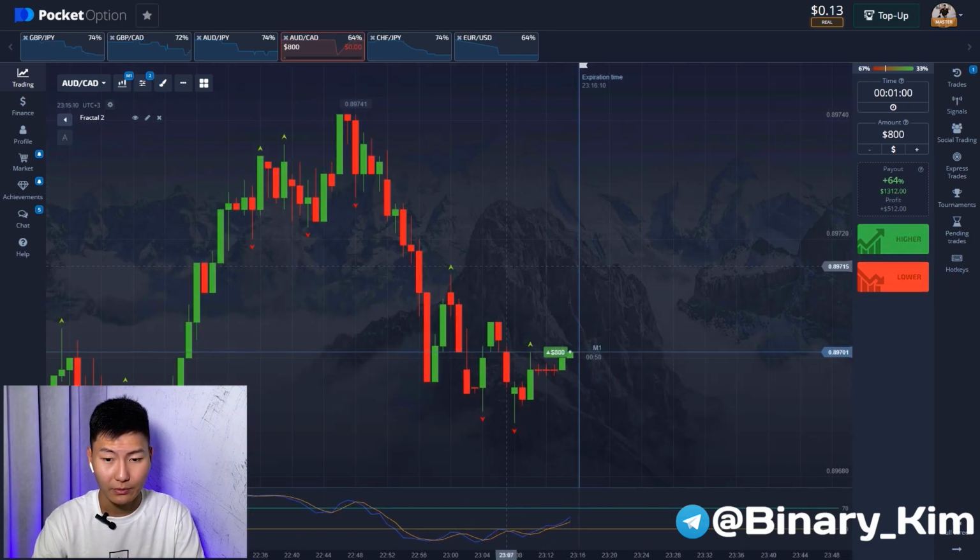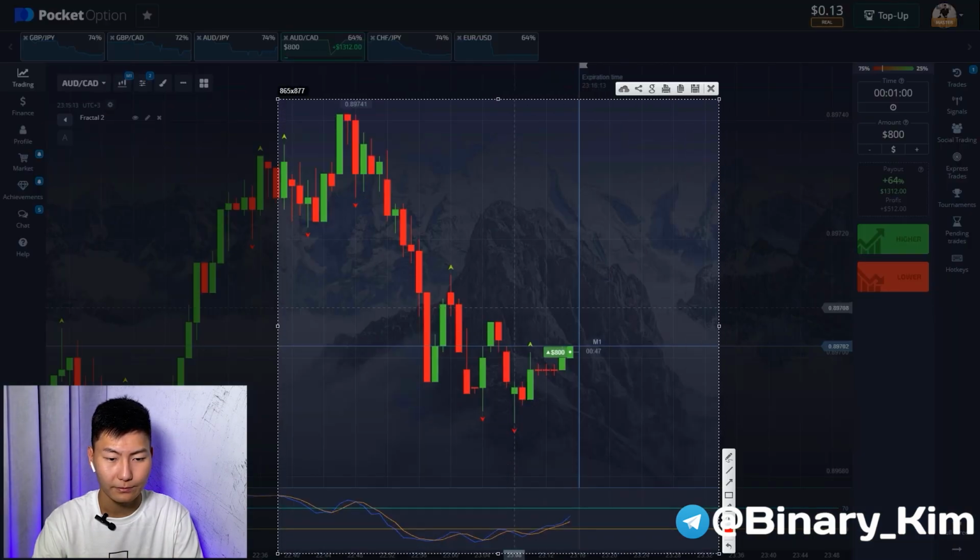It's pretty simple. Let me show you one more time. There was a strong downward dynamics here. Then the price updated its local low. After that, the local high was updated. I think the local low was updated at this level, and the price is gonna go to the upside because the price hasn't touched the overbought zone yet.